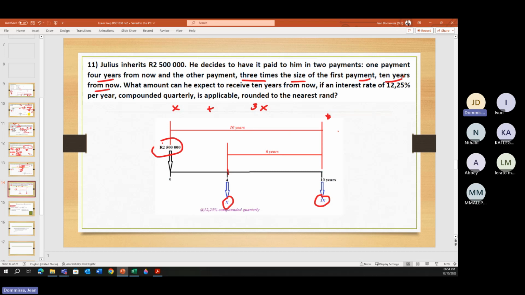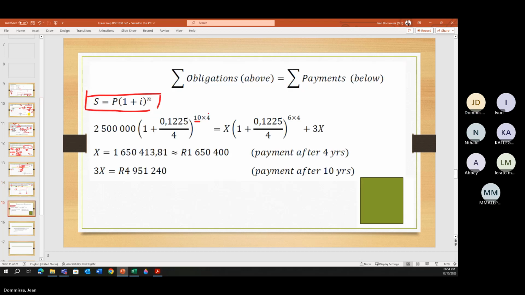If you look at that 2.5 million over the 10-year period, the interest rate was 12.25, which again they could have kept easier and simpler and just said per year, but they added compounded quarterly. So remember, that's why it's times 4 and divided by 4, because it is quarterly.